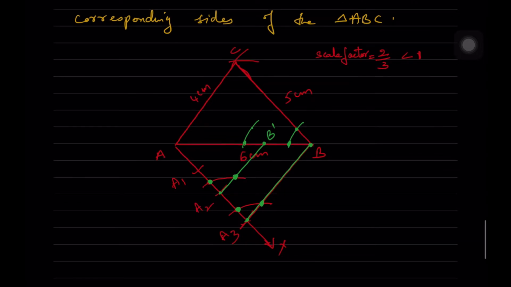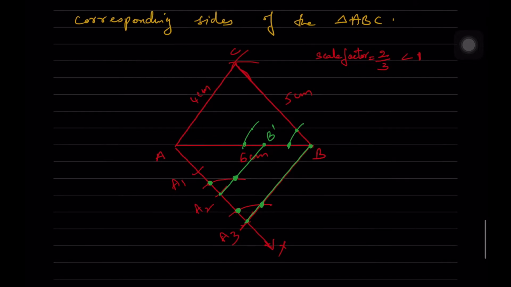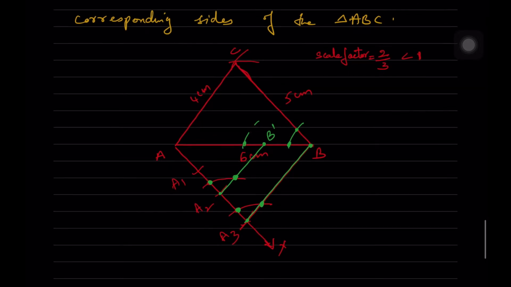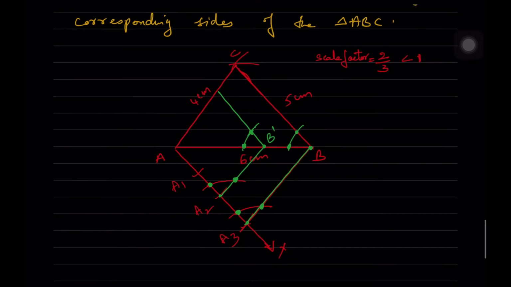And then you draw a line marking this. So therefore now name this as A, B dash, C dash is the required triangle.